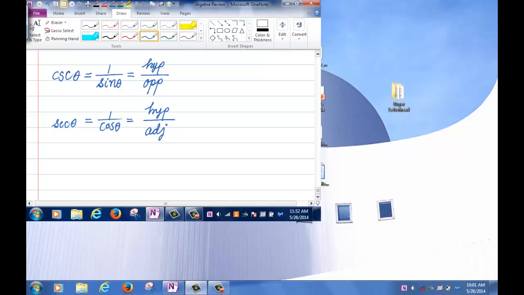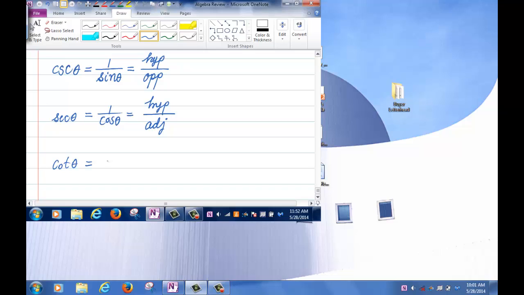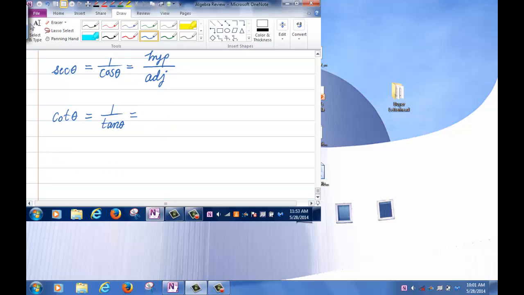The last one is cotangent theta, and that is defined to be 1 over tangent theta. And this is also because, remember, tangent was sine over cosine. Same way, cotangent is cosine over sine.